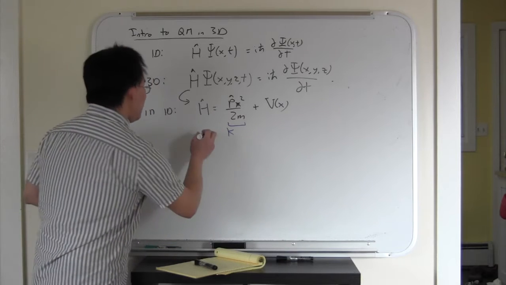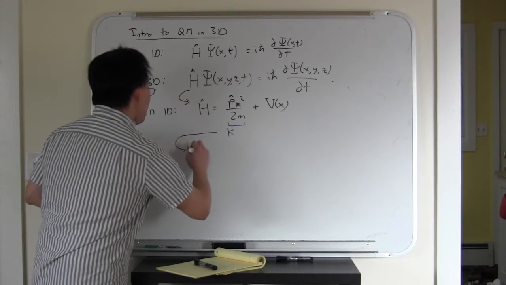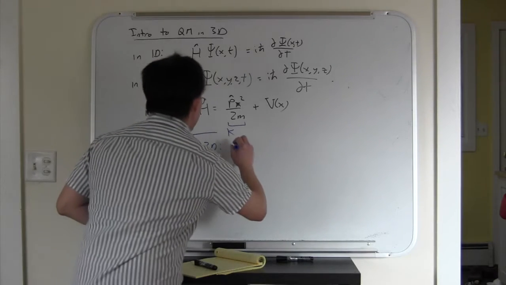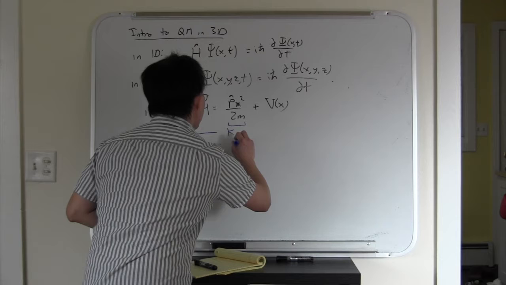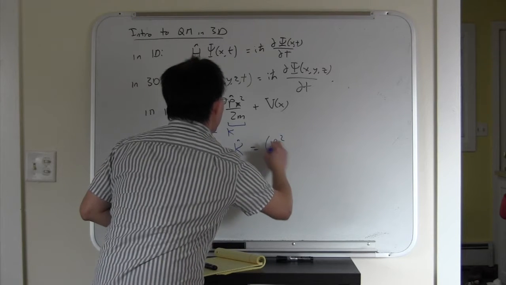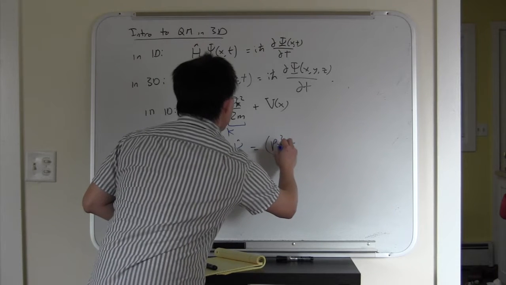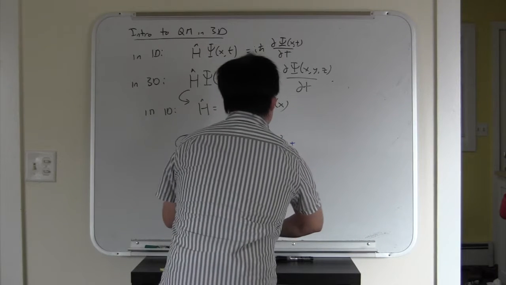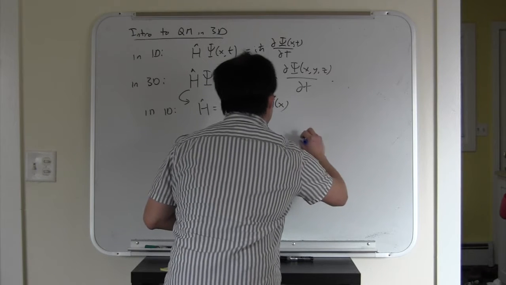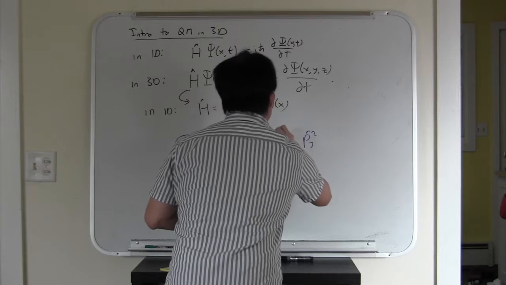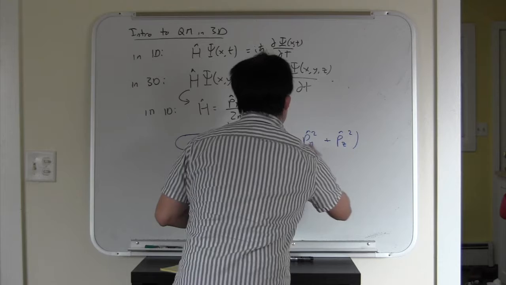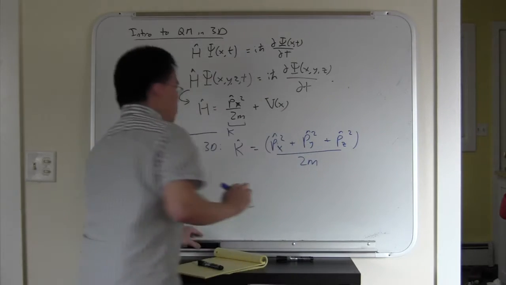So we might naturally be led to, in 3D, this kinetic energy operator term being p_x squared plus p_y squared operator plus p_z squared over 2m.